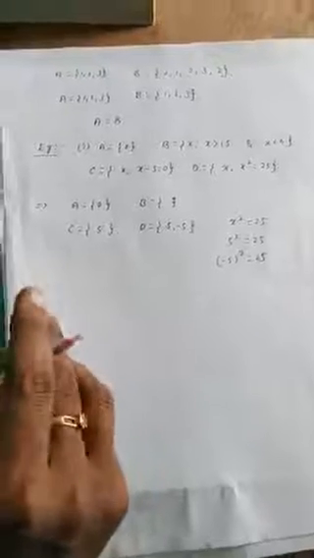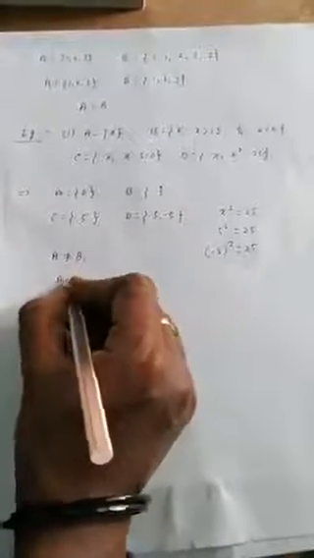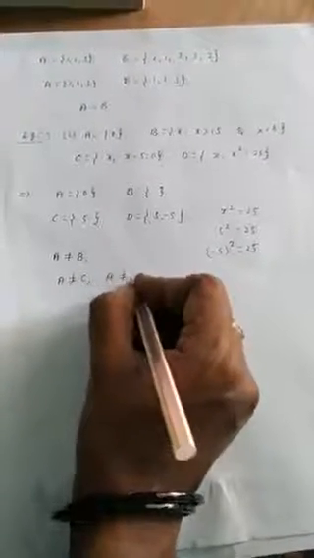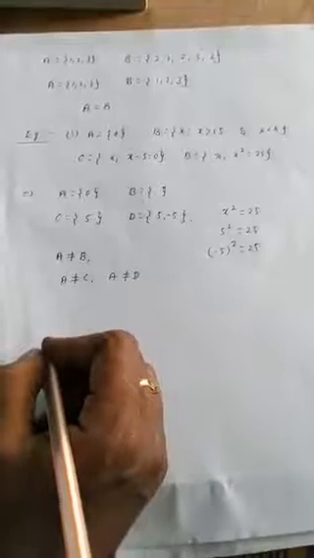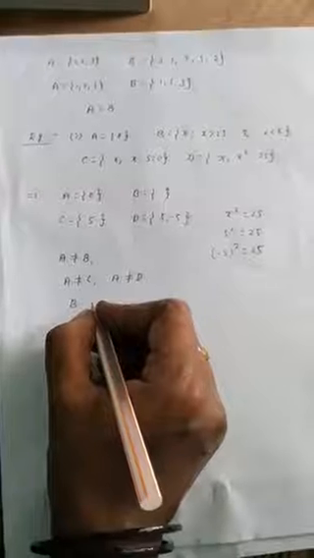Now we need to check which pair of sets are equal. Here A is not equal to B. Next, A is not equal to C. Of course, A is not equal to D. Then start with B. Is B equal to C?